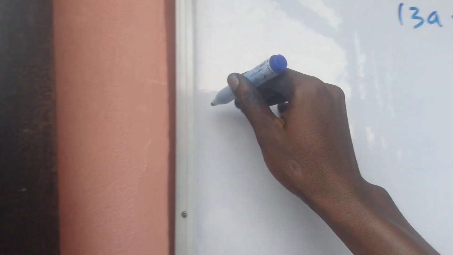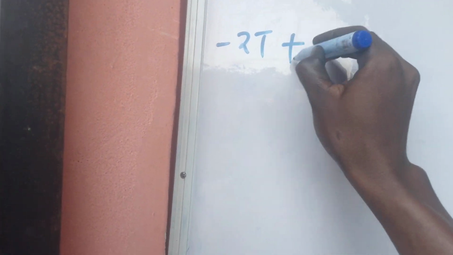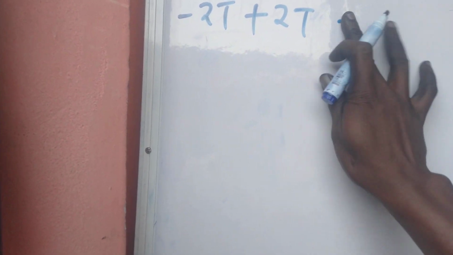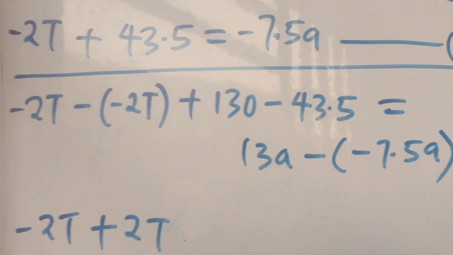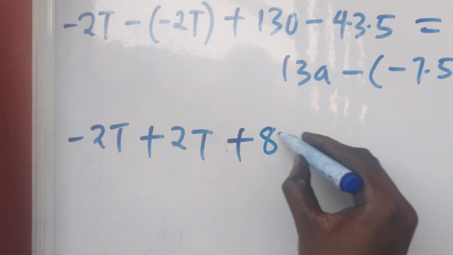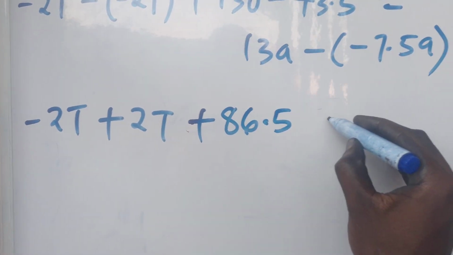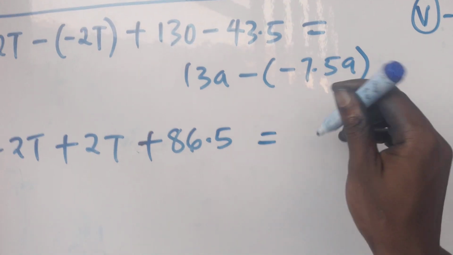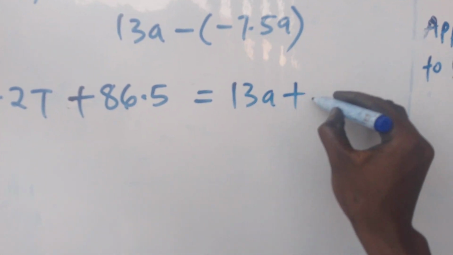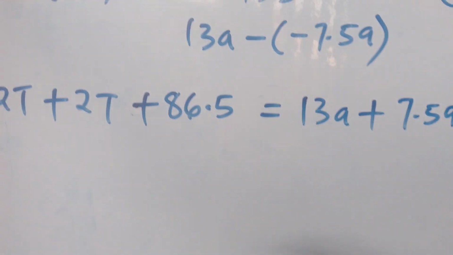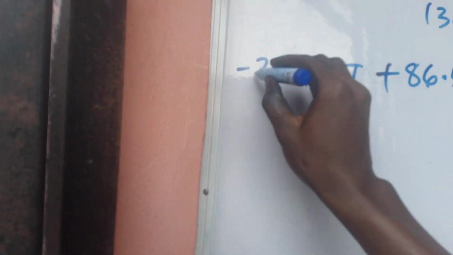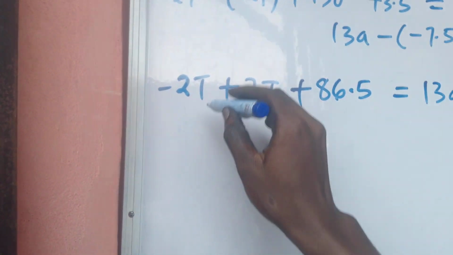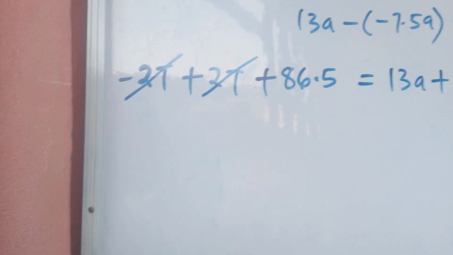Minus and minus is plus, so that is minus 2T plus 2T. Then subtract this one from this, that will give me 86.5 equals, minus and minus is plus, 13A plus 7.5A. So minus 2T plus 2T is 0, they cancel out.